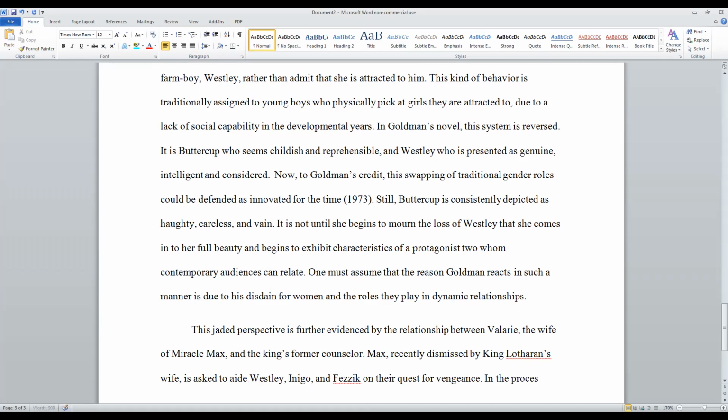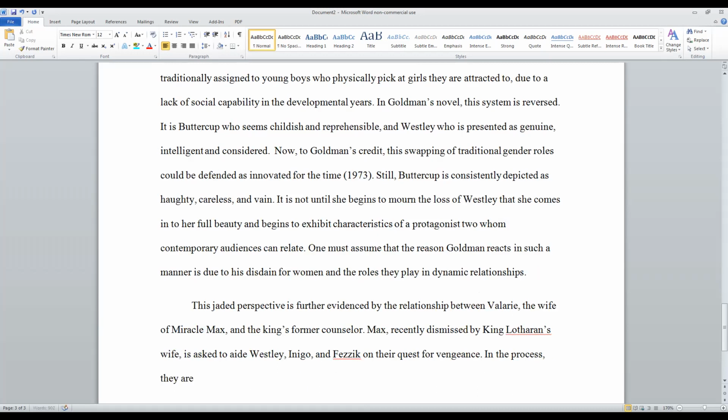In the process, they are introduced to his wife, Valerie, whom he calls a witch.